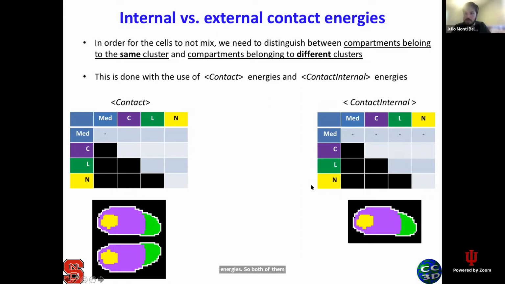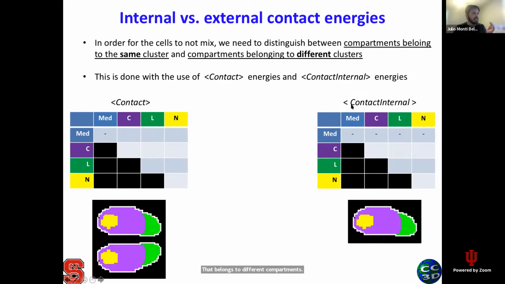It's basically a table of energies that the different cell types have with one another, but there is one table for when the cells belong to different clusters, and another table for when the cell types belong to the same cluster, okay? The contact energy that you have as a default in our Compartmental 3D simulations is the one that says interaction between cells that belong to different compartments.